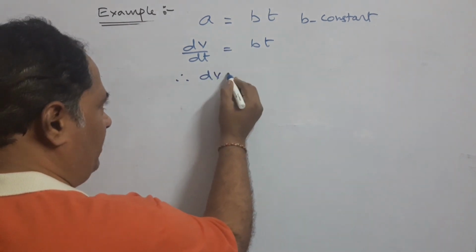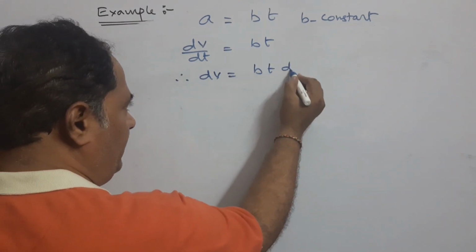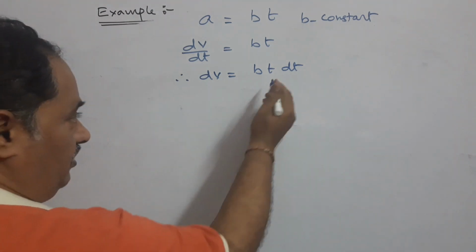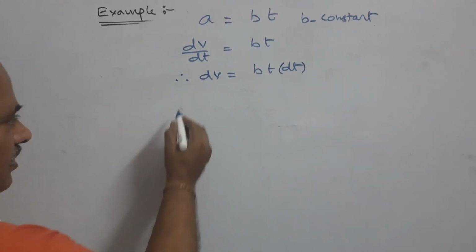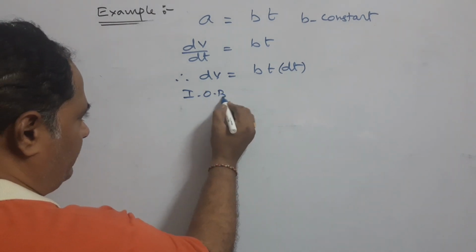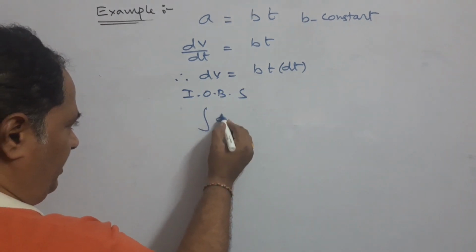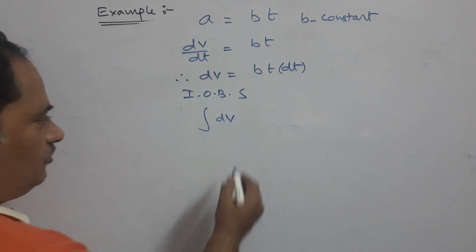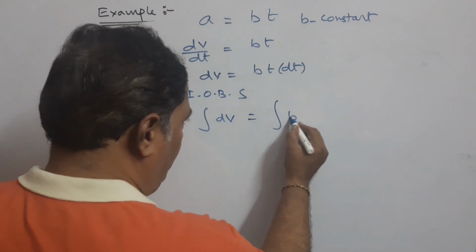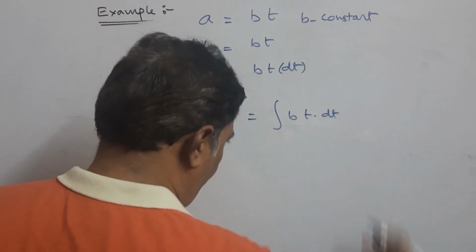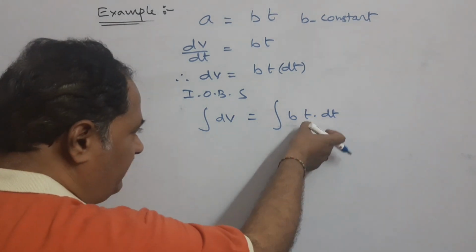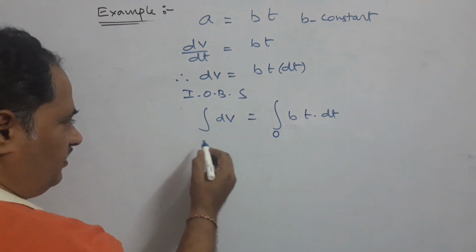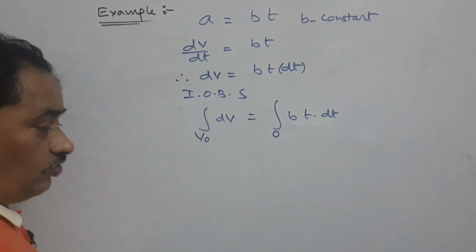Therefore dv is equal to bt dt. Integration on both sides: integral dv is equal to integral bt dt. So initially, when time t is equal to 0, its initial velocity is given as v0.